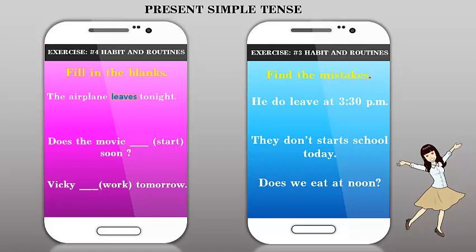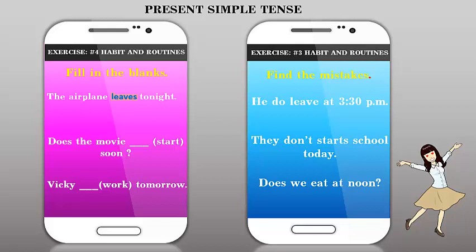In the second sentence, it says, does the movie blank soon? And we are using the verb start. What's the subject of this sentence? It's movie. And what subject pronoun do we use for movie? It's it. So it's like saying, does it blank soon? Well, it's a question, so we already have the correct word in the front, does, for he, she, it.